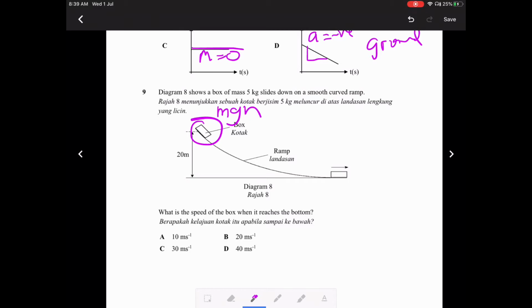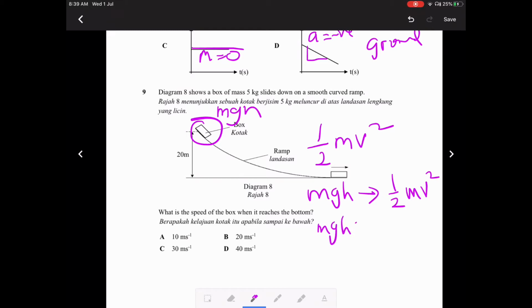Kelepas itu, dia slide down. Dia bergerak. So, di sini dia bertukar daripada mgh kepada tenaga kinetik. Jadi, perubahan tenaganya adalah gravitational potential energy kepada setengah mv squared. So, kalau nilai dekat atas tu ialah 100 joule, maka nilai setengah mv squared juga adalah 100 joule. So that you boleh gunakan mgh sama dengan setengah mv squared. Okay. So m kita boleh cancel off sebab mass yang sama.